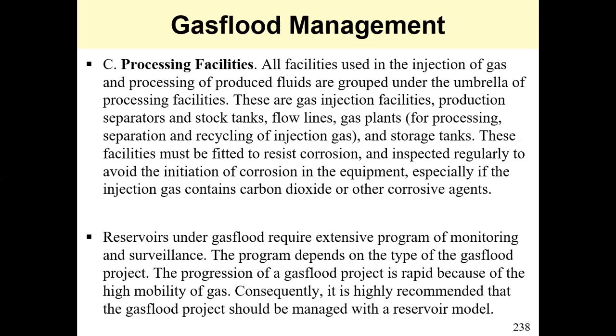These facilities must be corrosion resistant, and of course, corrosion resistant just means that it doesn't give way to corrosion easily, and you need to inspect regularly so that you can check the initiation of corrosion.